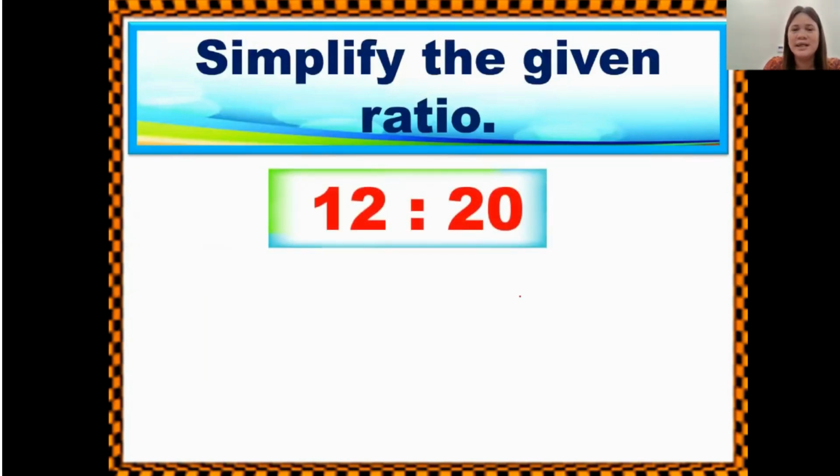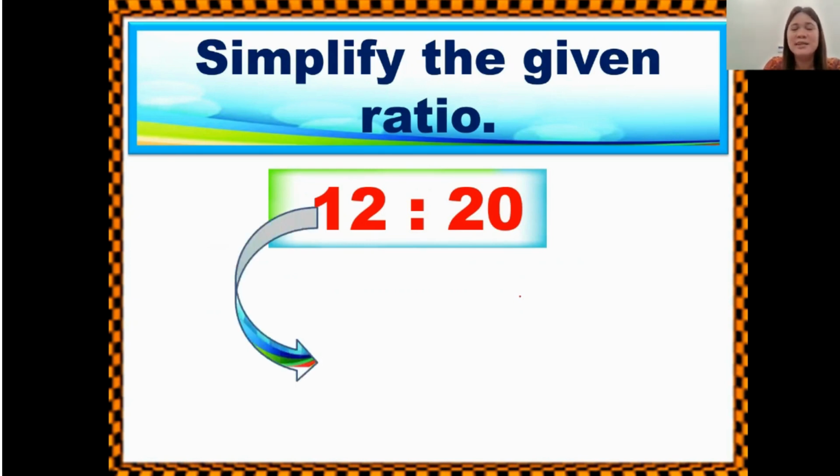Let's simplify the given ratio. Now I want you to think, year 8. What do you think is the highest common factor that we can use to divide each of these numbers in the ratio? Do you have the number already, year 8? What is the highest common factor? Yes, it's 4.